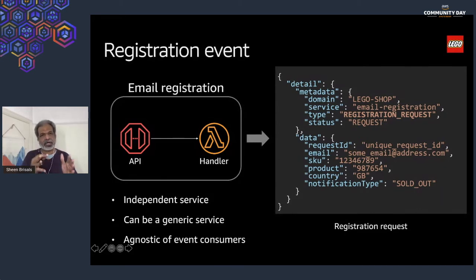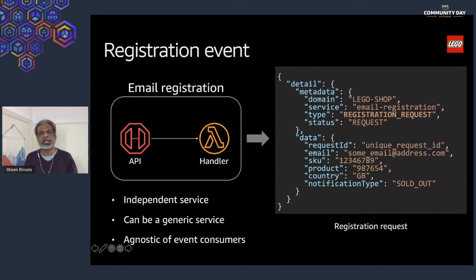This service on its own can be developed and deployed to production without even having anything behind the scenes. Or you can even deploy to production with a feature flag set so that it's up and running in production, but still nobody can see it. That's the flexibility we get, because all it's doing is, in this case, a back in stock event. It could be any event, right? The right-hand side is an example event structure.